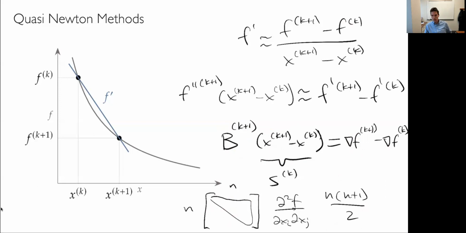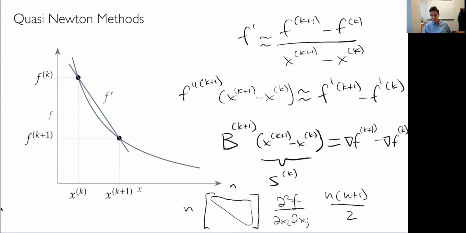I can help a little bit here because I know a little more about the Hessian. I've already used the information that it's symmetric, but I also know that it needs to be positive definite. Remember, that's the upward bowl shape. That's how we can guarantee that our Newton step or our quasi-Newton step is going to give us a descent direction. So we can require that, and that gives us n more equations.